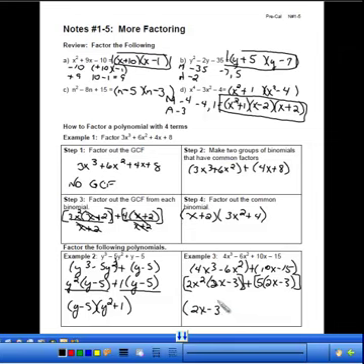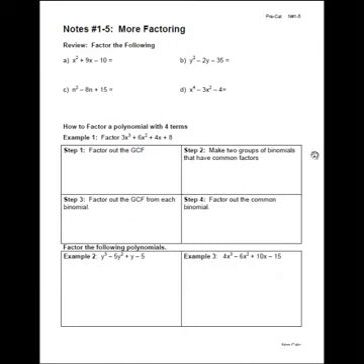Alright, so 2x minus 3 is one factor once we factor that greatest common factor out, and 2x squared plus 5 is our second factor. So that is the factorization of this example 3. Okay, let's move to the next page.